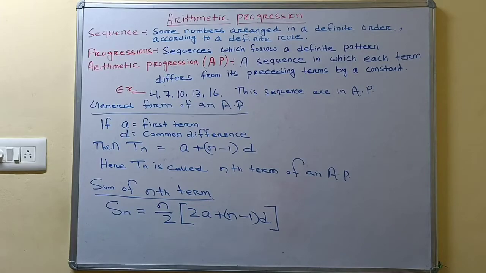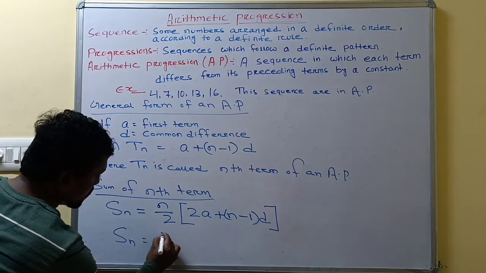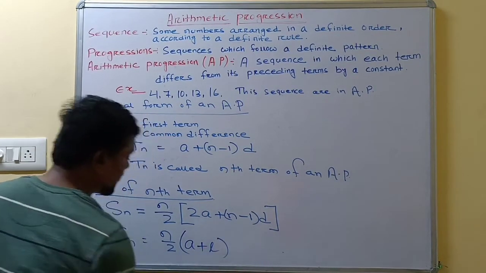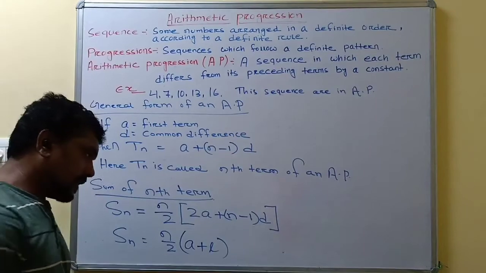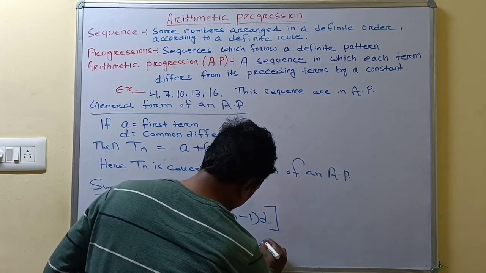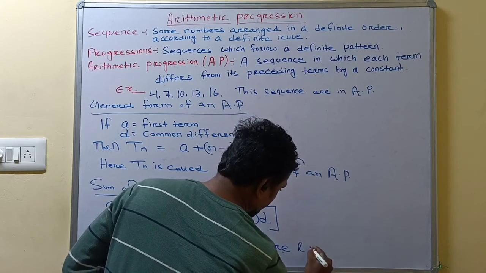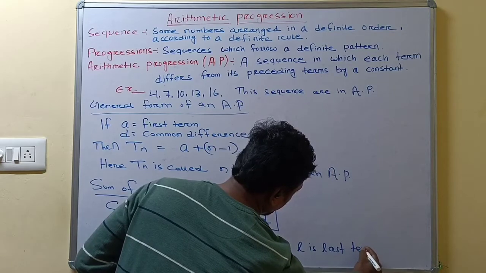There is another formula where we can write Sn is equal to n by 2 whole into (a plus l), where a is known as the first term and l is known as the last term of an AP.